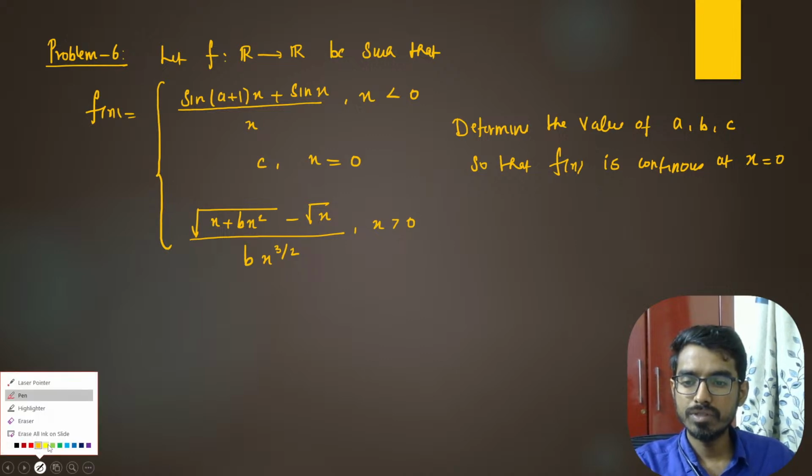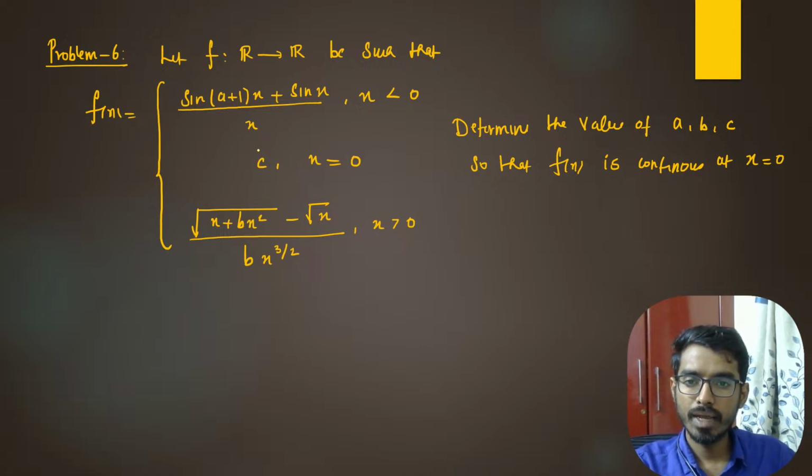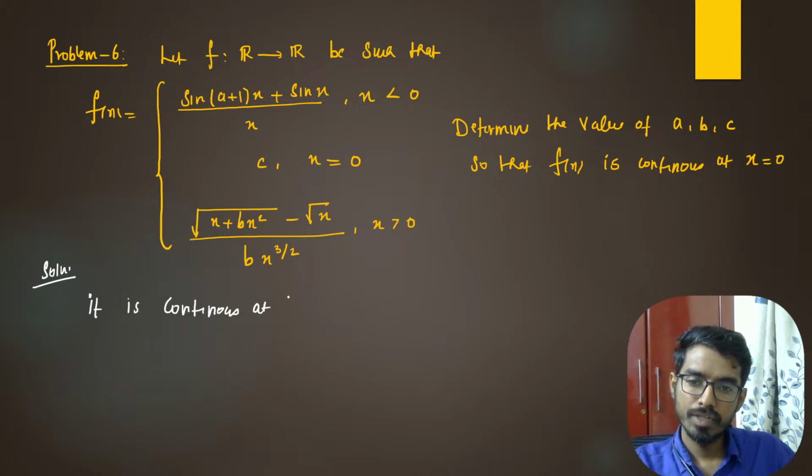See, there are some unknowns here, right? a is unknown, c is unknown, b is unknown. So it is given that the function is continuous at 0. So that means limit x tending to a, f of x is equal to f of a.